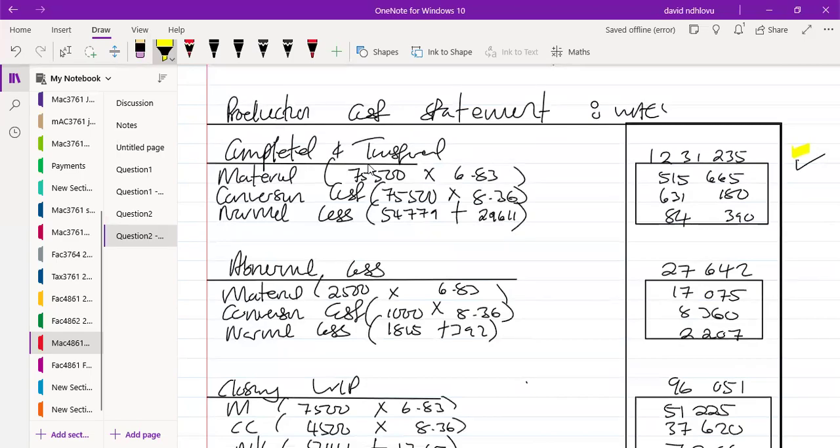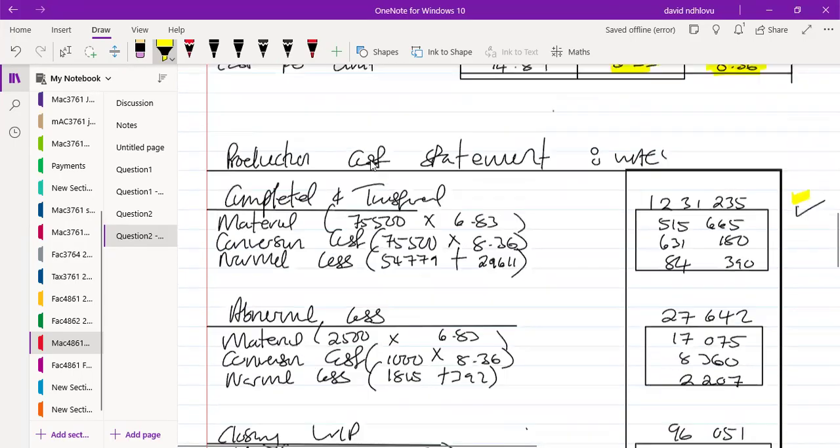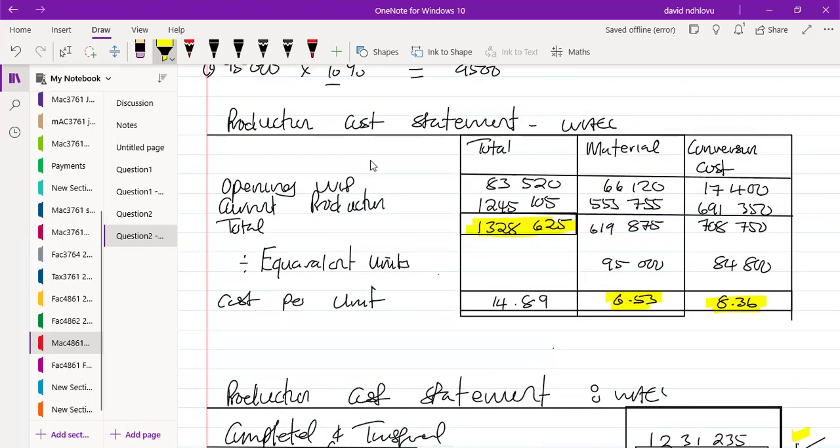Sorry, sir. Yes, ma'am. I think the difference, just move your page a bit down, on that 138. I think the current production total: 553,755 plus 691,350. That should have been 1245. It looks okay.